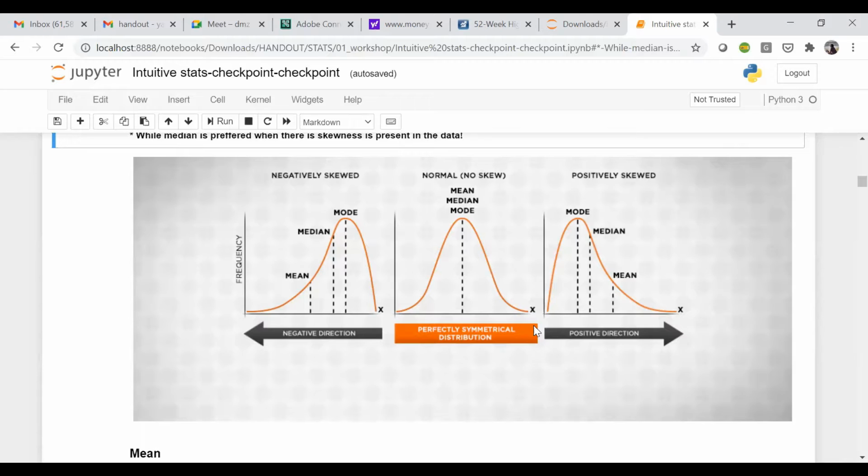But that mean is only going to be correct when the data is a little bit symmetrical, because otherwise it is possible that everyone in the class is in the age group of 1 to 10. Let's say there are 10 students in the class, 9 students are less than 10 years of age, and one student is this old fellow who's doing night school and he's 80 years old.